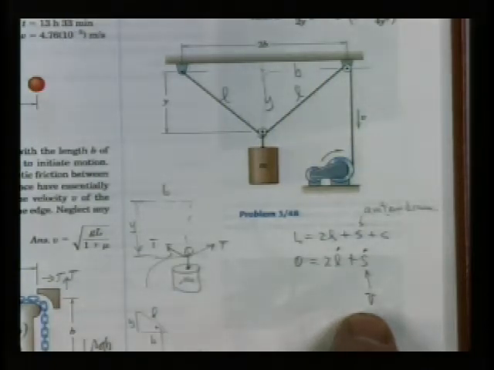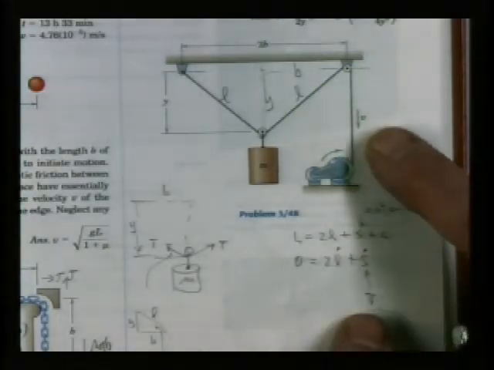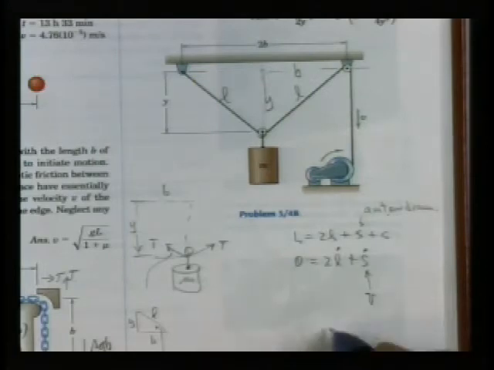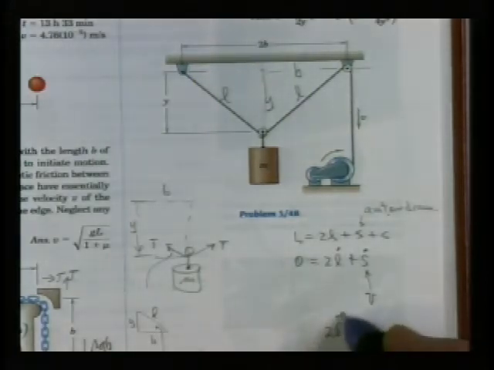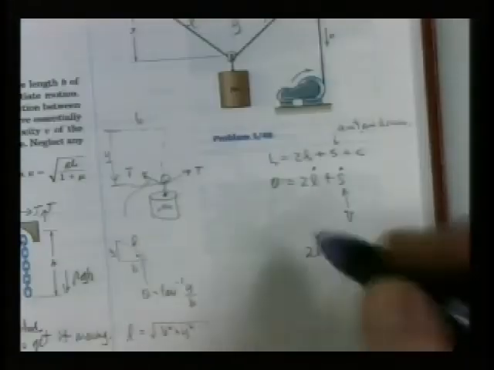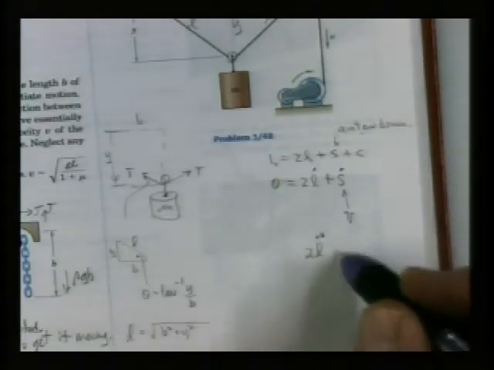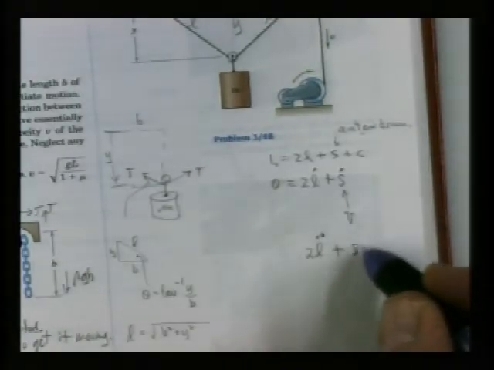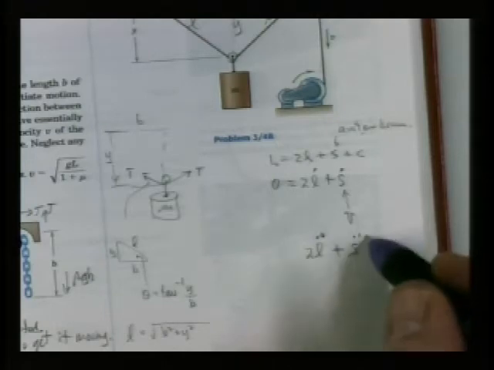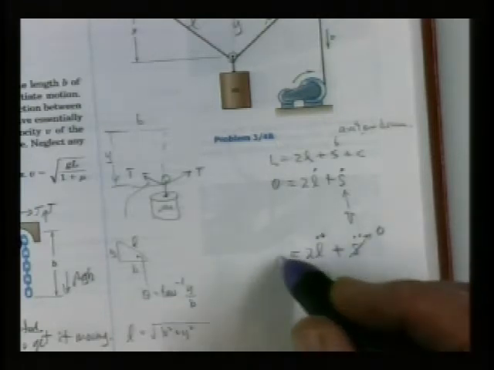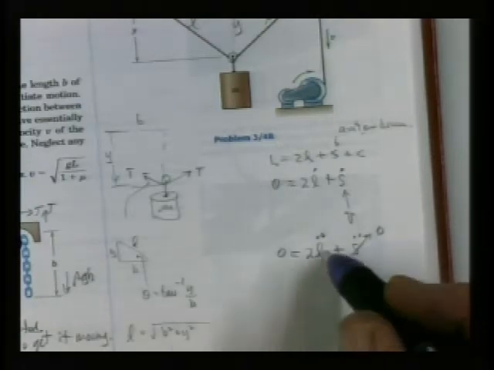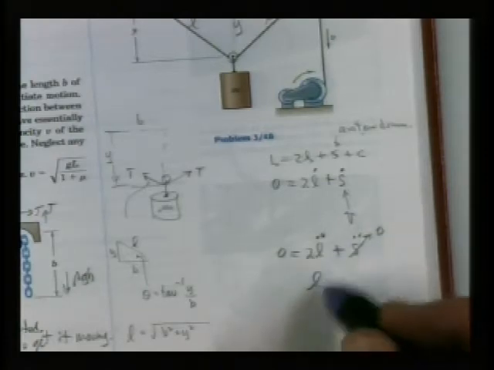Oh yeah, absolutely. It's the next step, finding the acceleration. Okay, and that cable's moving at a constant speed? Yes, it was given as a constant speed. So then the derivative is 2L double dot plus S double dot, which zeroes out, equals 0, which means that L double dot must be 0.